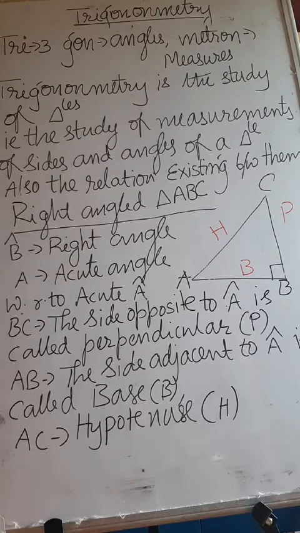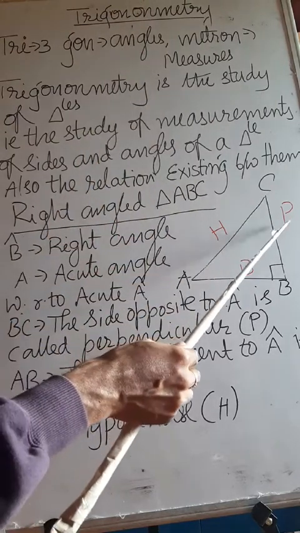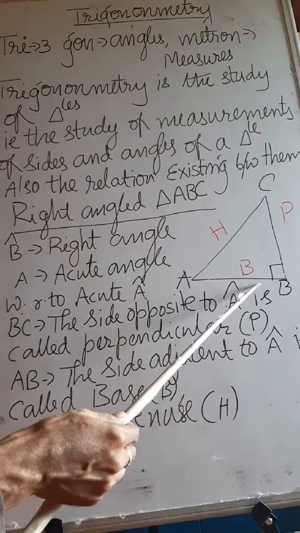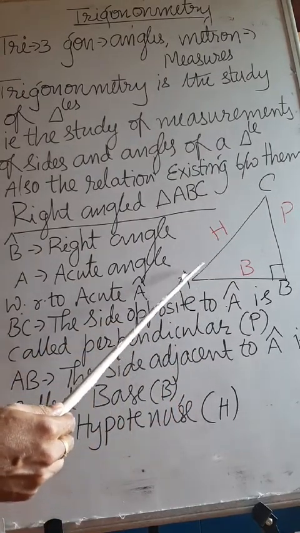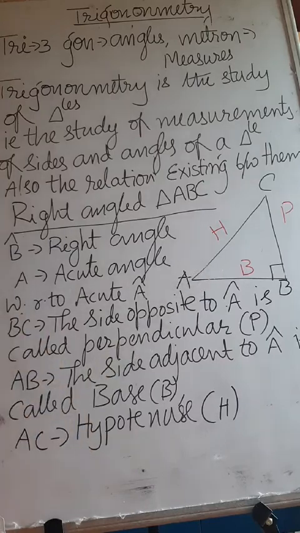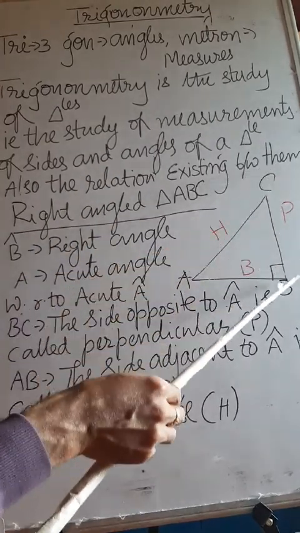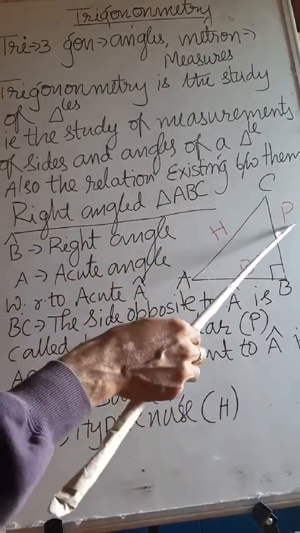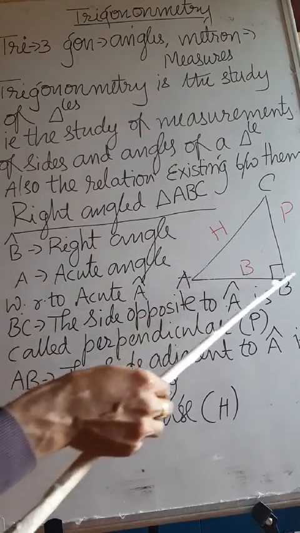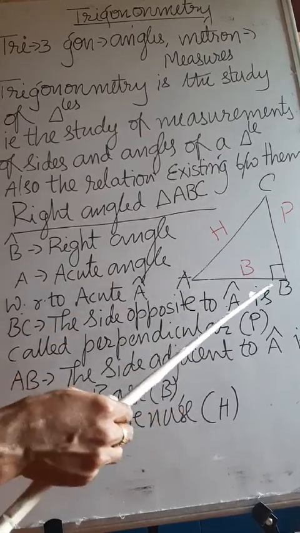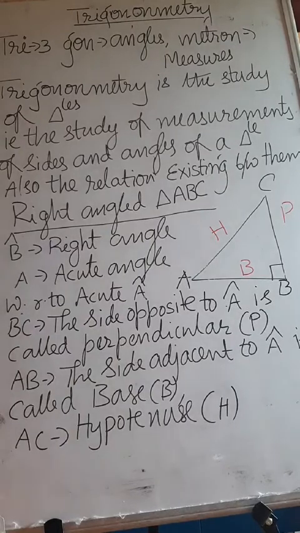But for the other two sides, perpendicular and base, you should look at the acute angle. The side opposite to the acute angle is called the perpendicular. The side adjacent to the acute angle is called the base. This is with respect to acute angle A.